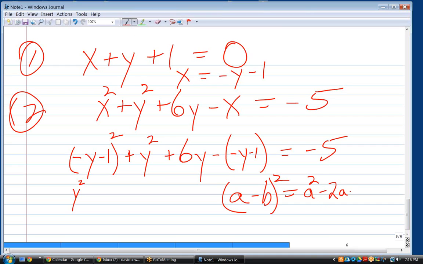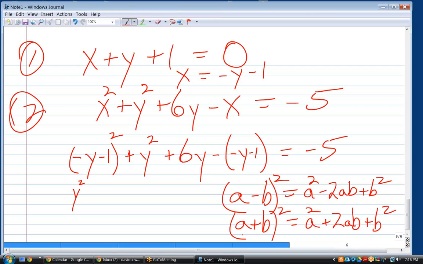Hold on. It's worth memorizing these so you don't have to FOIL it every time. And the other half of this is (a plus b) squared. You have to do this operation so many times in your math career that it really is worth memorizing what it's equal to, because you don't want to have to do 4 multiplications in order to do this. It'd be much better if you can draw on your memory.